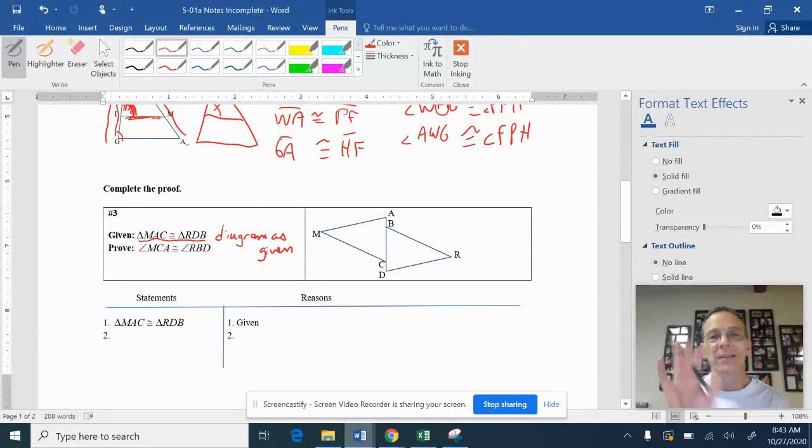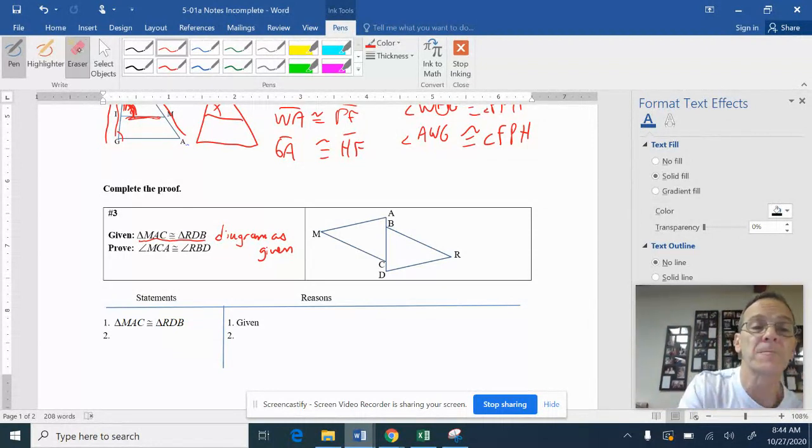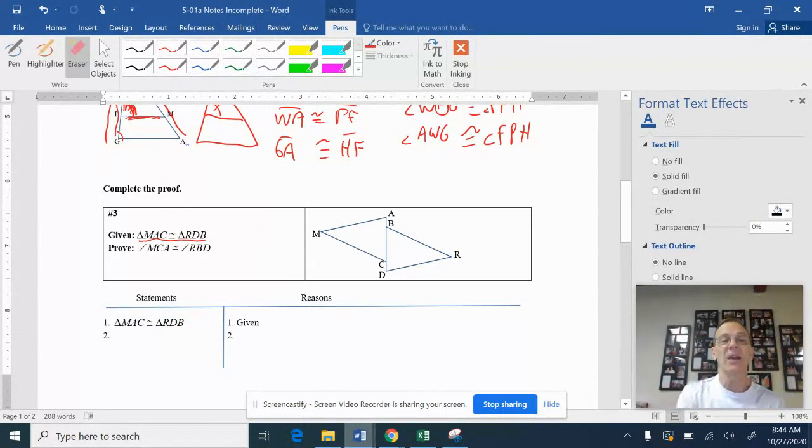We're just going to assume that the diagram that's given with the problem is part of the problem. I'm not going to write that out anymore in any of the proof problems, okay? But you should assume that the diagram is part of the problem. So that's not going to show up anymore. So we're given this diagram and the fact that triangle MAC is congruent to triangle RDB, okay?